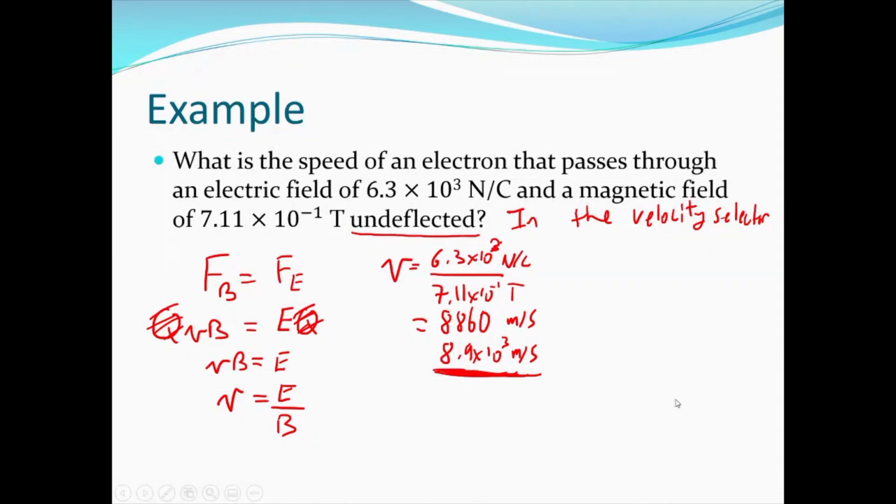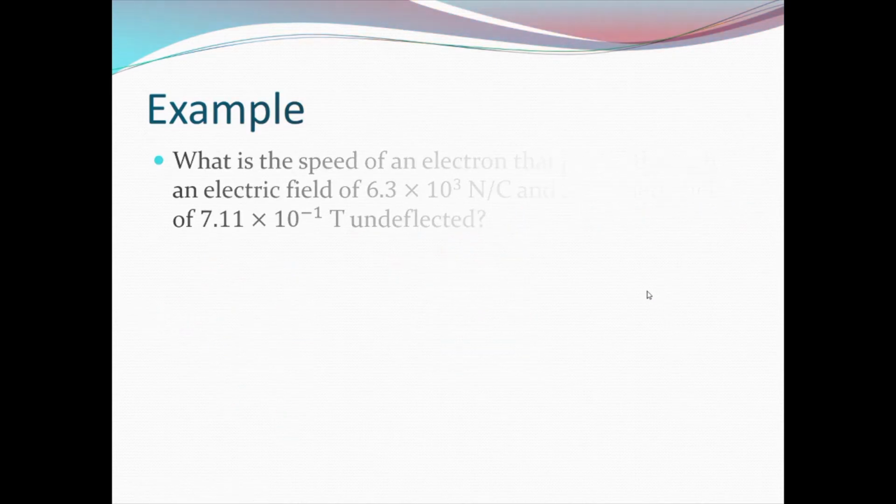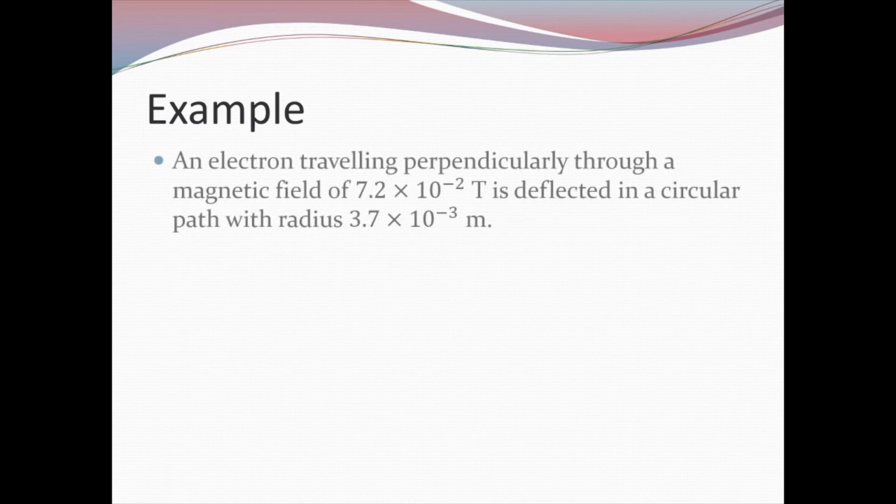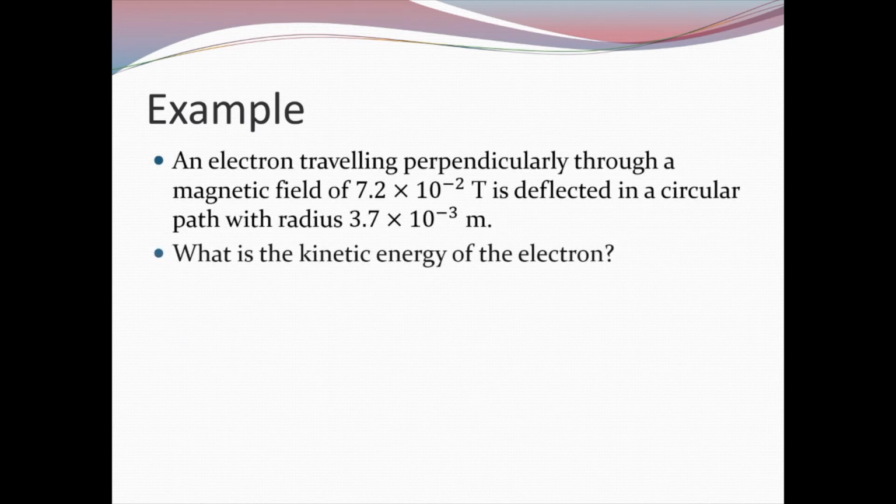Alright, let's go to the next example. In this example, we're going to be working in the deflecting region. Here we have an electron traveling perpendicularly through the magnetic field, deflected in a circular path with some radius, and we're asked to find the kinetic energy. In the deflecting region, we established that the centripetal force has to match the magnetic force that the particle feels.